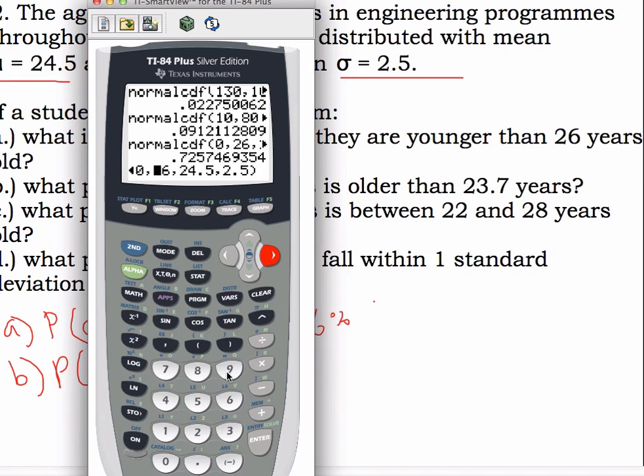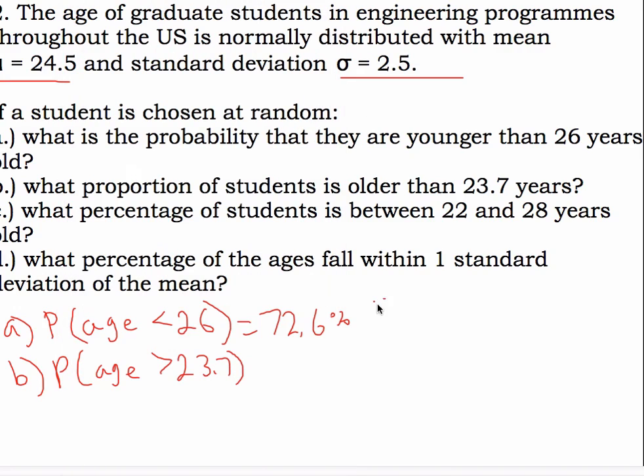Maybe I'll do 99. That's more than 3 standard deviations above the mean, so that should be okay. And this needs to be 23.7, so insert 23.7. Delete that 0, I don't need that. Enter. And it's 62.6%.